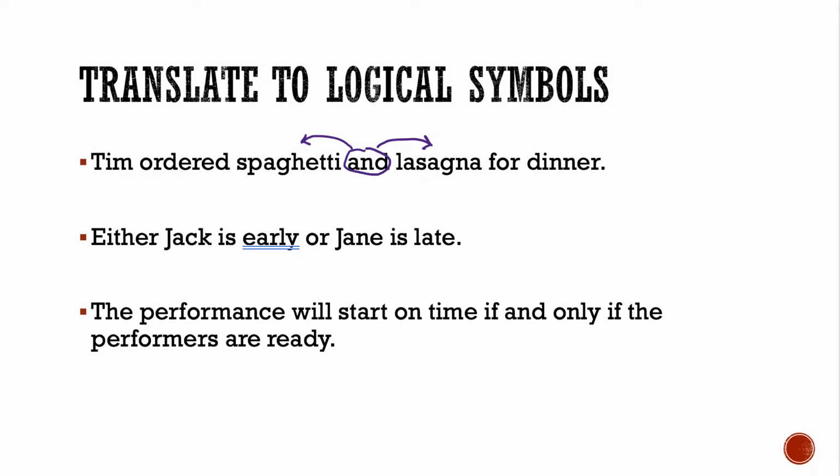So with that in mind, what I'm going to do is I'm going to label each of the simple sentences with a letter. Now typically when we're talking about logic, we use the letters P and Q. So I'm going to say that P is going to be my first simple statement, which is going to be the statement that says, Tim ordered spaghetti for dinner.